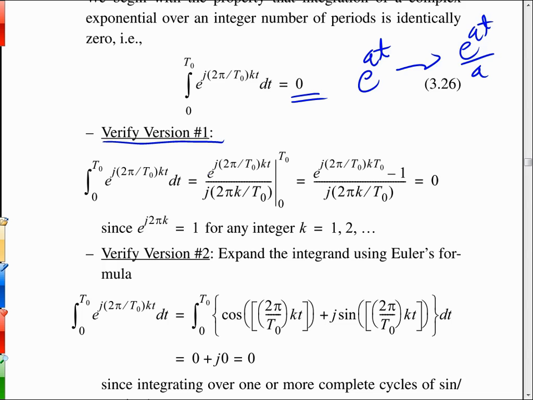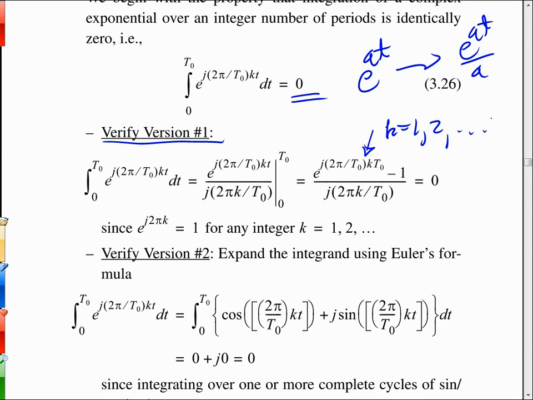So now I put in the lower and the upper limits, plug in. We know that e to the j0 is 1. So from the lower limit, we get this 1 over here, and from the upper limit, we just have the T naught plugged in place of the t. And that is equal to 0. The reason why is that no matter what the value of k is, for k equaling 1, 2, any integer except 0 in this case, because we're not going to deal with that instantly, although I'll comment on it in a second.